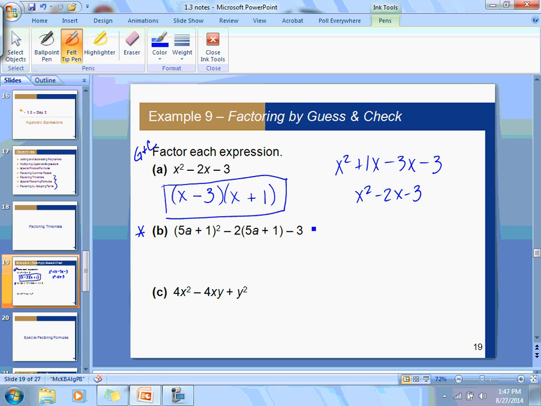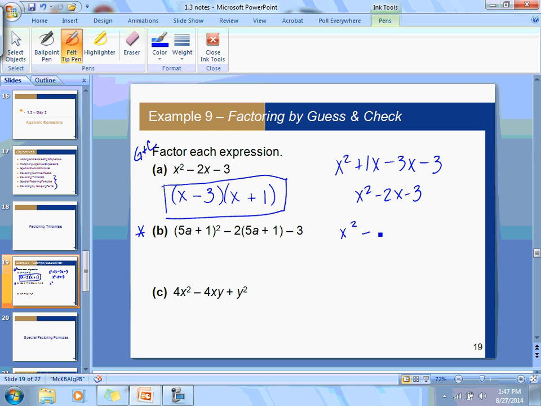And here we're going to basically think of this expression like our trinomial that we had in part A. This whole thing in the parentheses, this 5a plus 1, I'm just going to think of that kind of like x squared. And then I have a minus 2, and then again I have the 5a plus 1, just like I had over here.